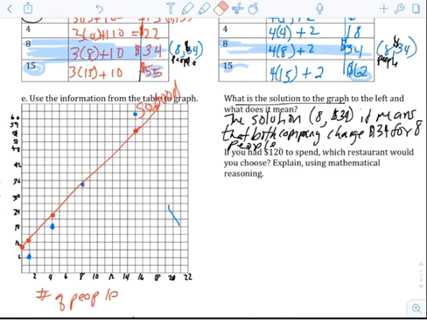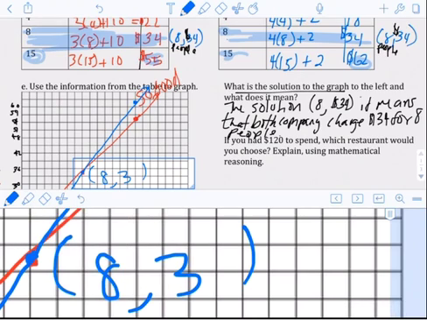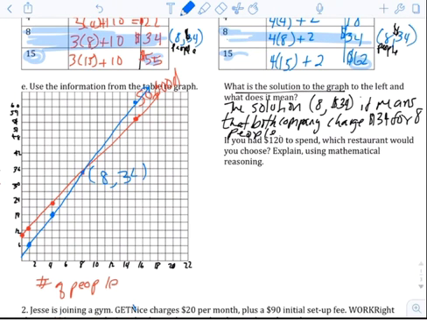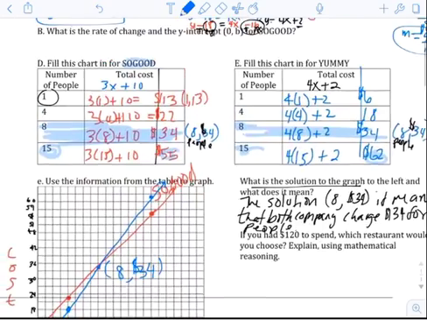Up there. Connect the dots. So Good at $8 and $34. Okay. And the blue line is Yummy.